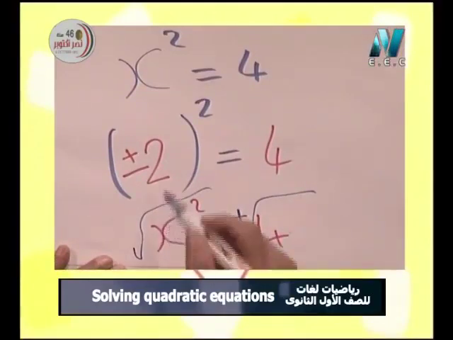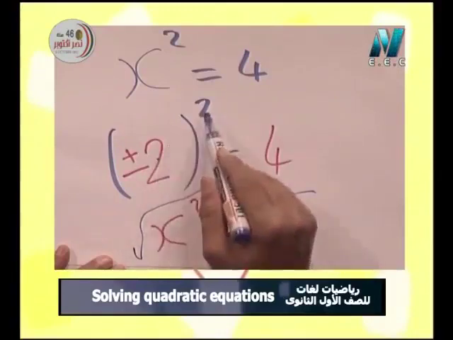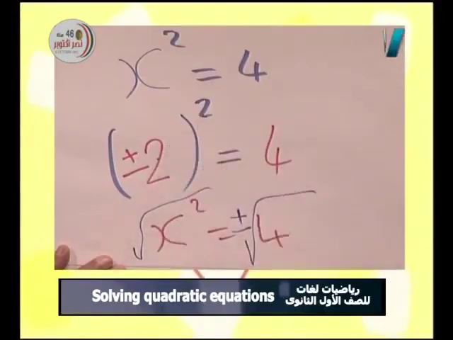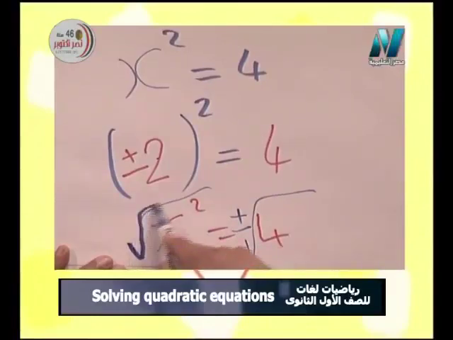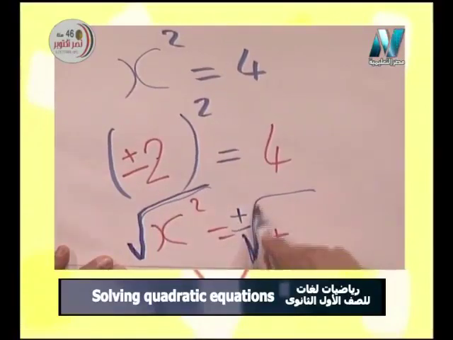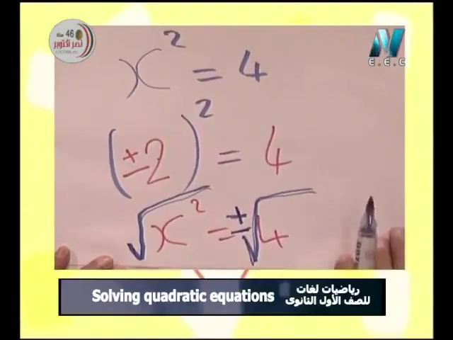That's because this number power 2 must be 4, and negative 2 squared also equals 4. So do not forget that when we have x power 2 equals a number, to find x we put a square root here and a square root here, and don't forget to put positive or negative.